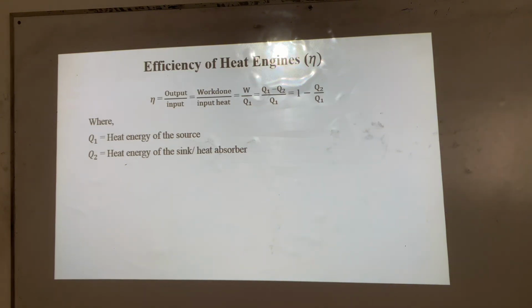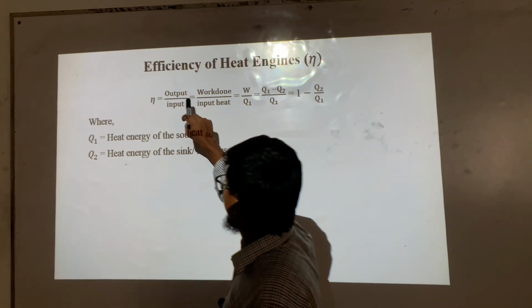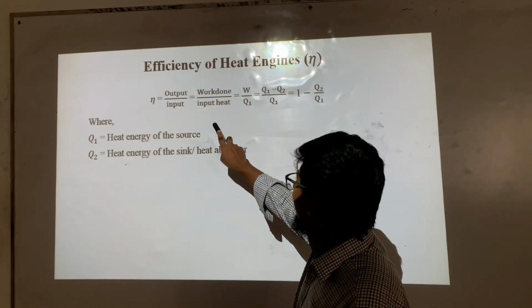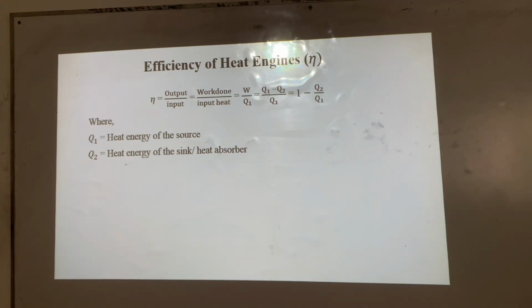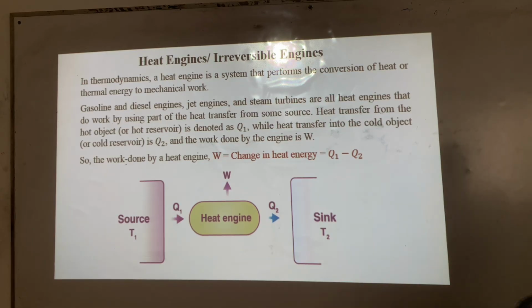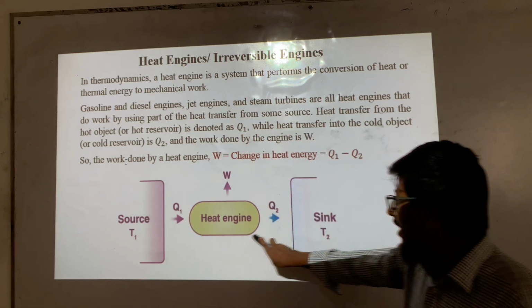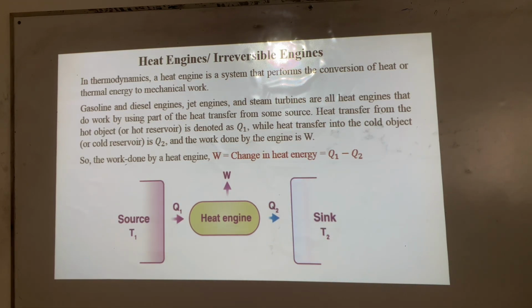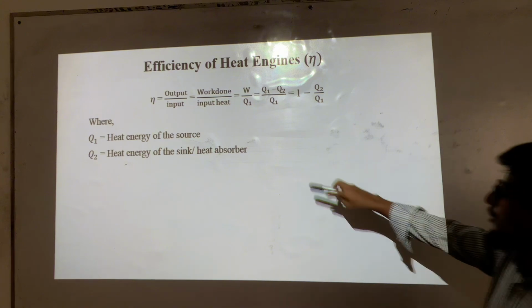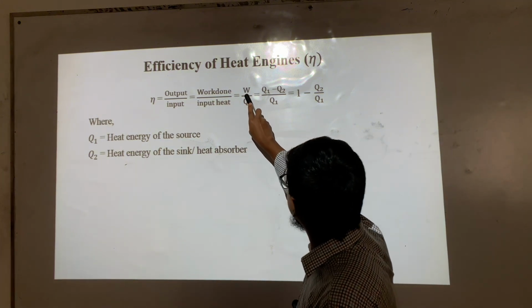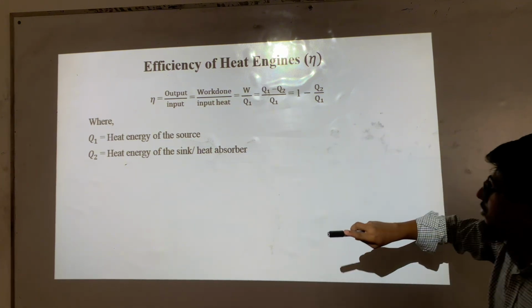How do you calculate efficiency of a heat engine? Efficiency is calculated by output by input. So in a heat engine, you give Q1 amount of heat. From the previous slide, you can see that we give Q1 amount of heat, and from that, the output is W, the amount of work done that you get out of Q1. You use Q1, you get W. Efficiency is equal to Q1 minus Q2 divided by Q1.